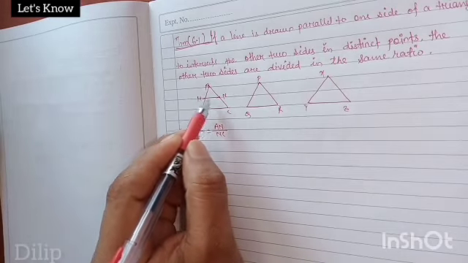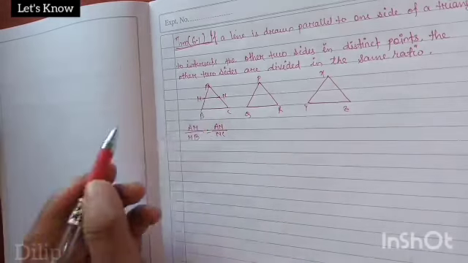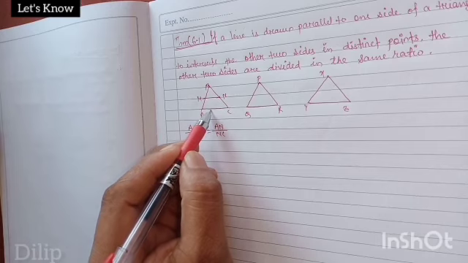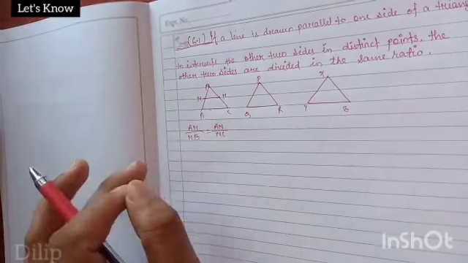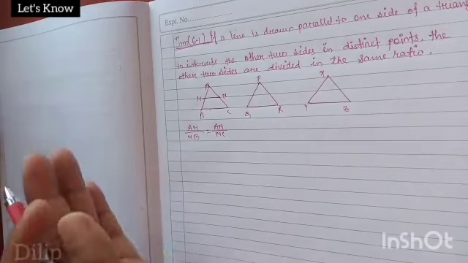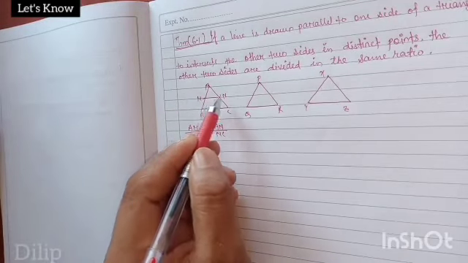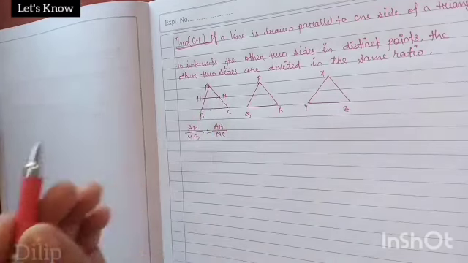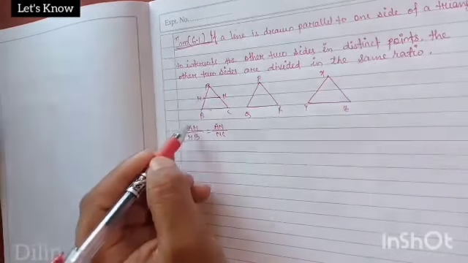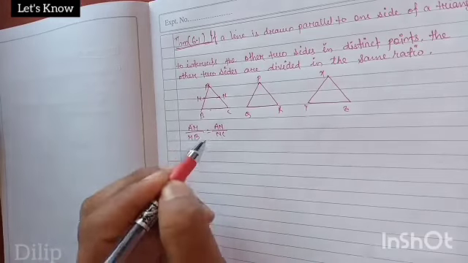If we draw a line parallel to the third side, and it intersects the other two sides at distinct points, suppose M and N, then the ratio of these two sides will be the same, AM by MB equal to AN by NC.